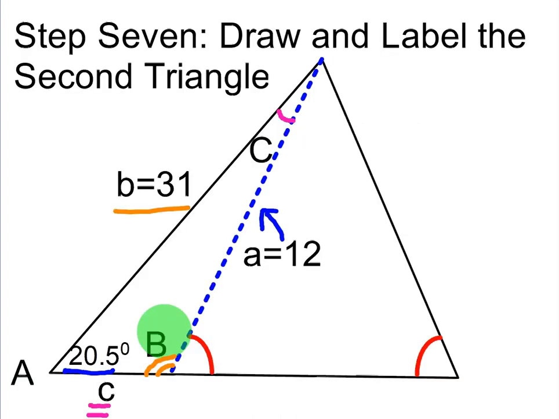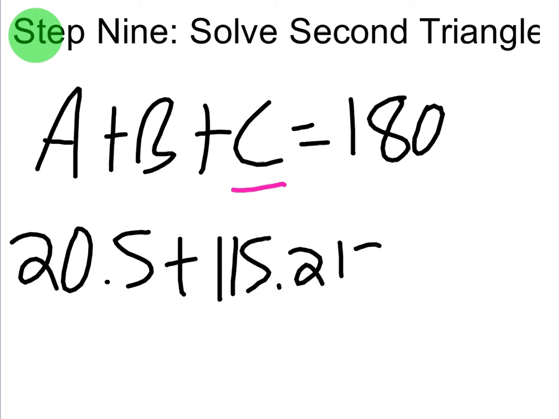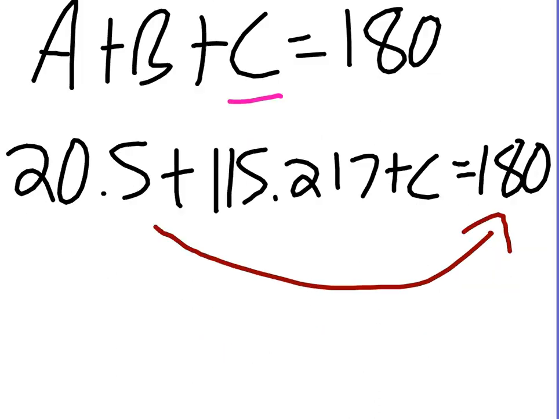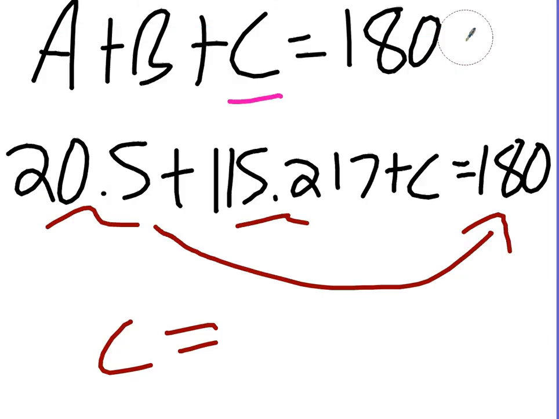We got 20.5 plus B, which we just figured out was 115.217, plus C equals 180. Okay, so I'm just going to subtract both of these from 180 and we'll see what we get for C. All right, and for big C, then we now get 44.283.